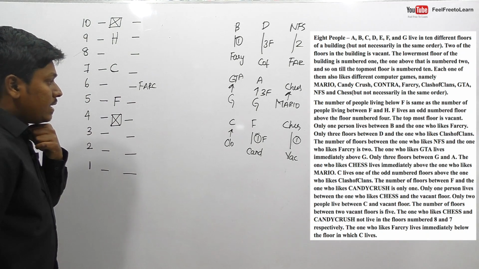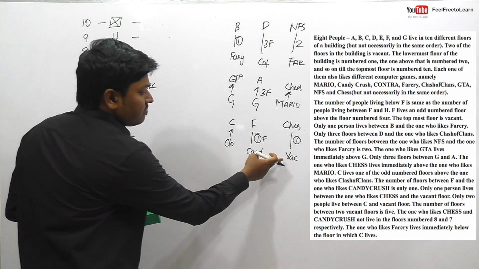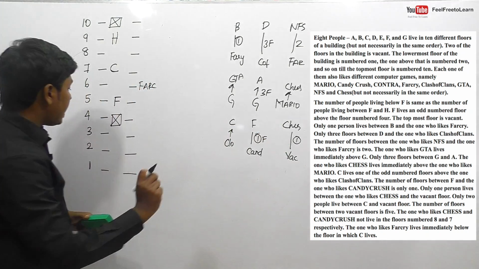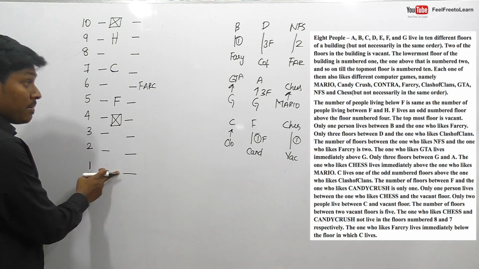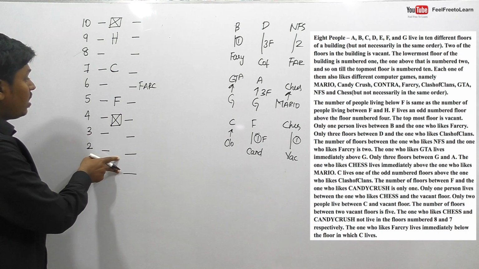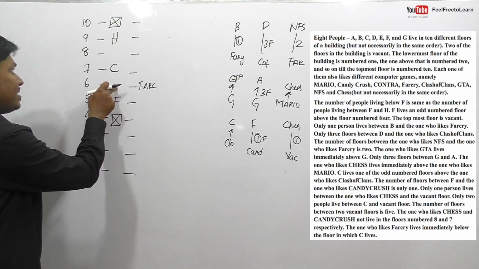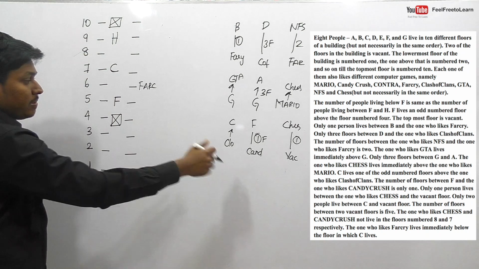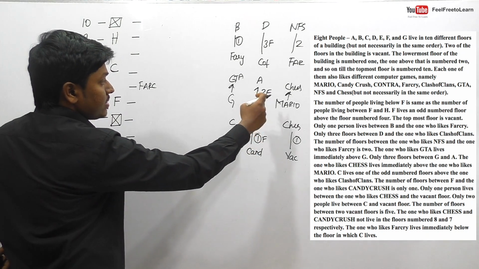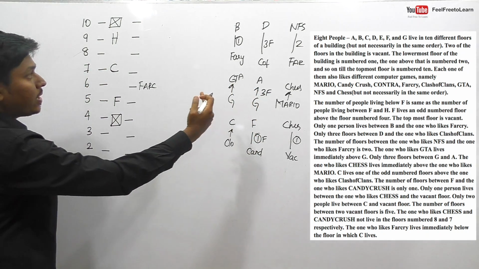Okay friends, next: between the vacant position and chess there should be a gap of 1, right? I can place chess here and I can place Mario here, there is one possibility. There are many possibilities, right? So let me move on to the next clue, chess and Mario, GTA, G, okay, no problem.